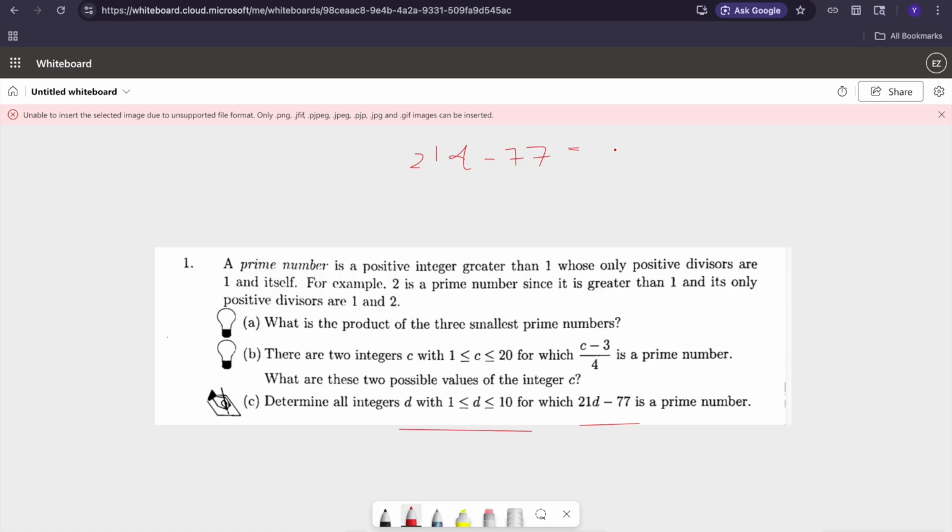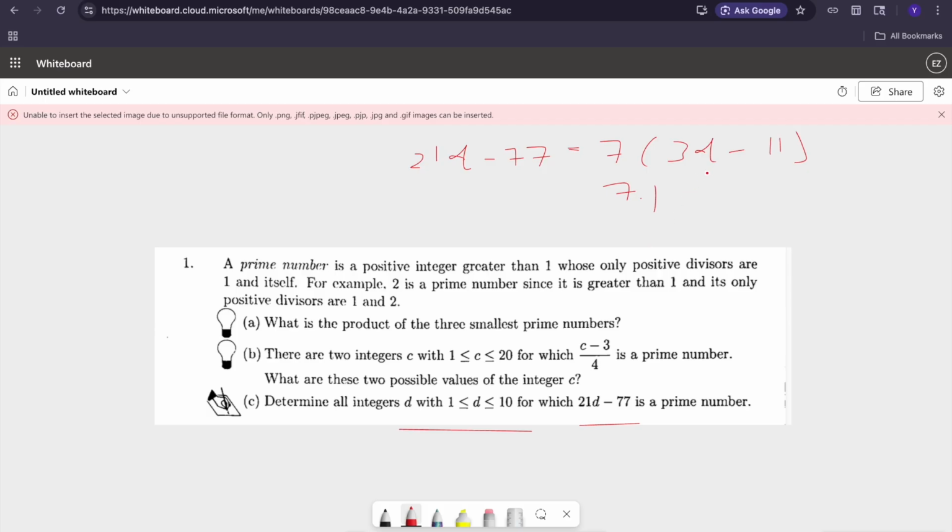So this one we see they have a common factor, which is 7, and 3d minus 11. And in order to obtain a prime number, we have to let the result be 7 times 1, otherwise it's not a prime number.